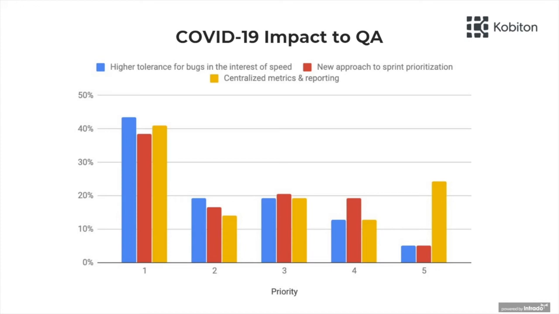Everyone had to take a new approach to prioritizing the sprint, and they have to have centralized metrics and reporting in place. So these are all initiatives that I think a lot of these companies are going to embrace as they return post COVID-19.